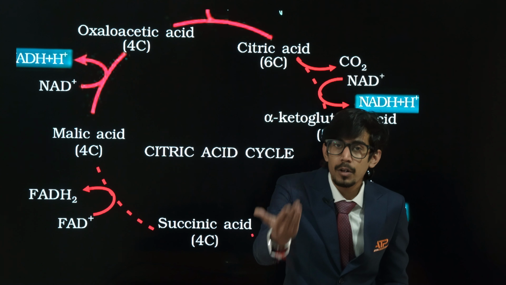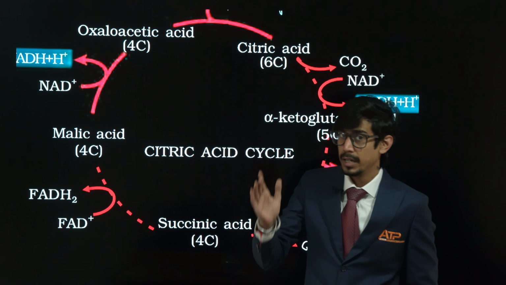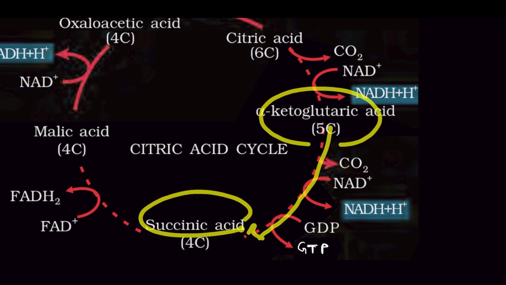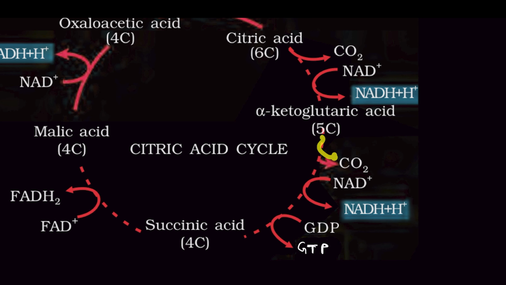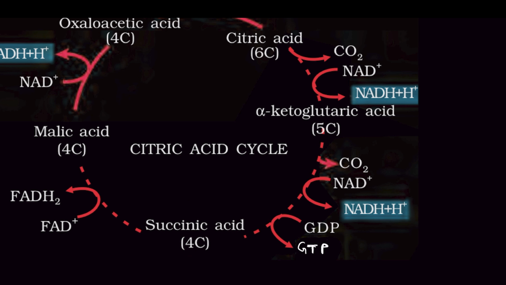It again undergoes one more oxidative decarboxylation, and alpha ketoglutaric acid removes one CO2. It reduces NAD+ to NADH plus H+. It itself gets oxidized to succinic acid, and of course one carbon has been removed in the form of CO2. So now we have a 4-carbon compound, succinic acid.